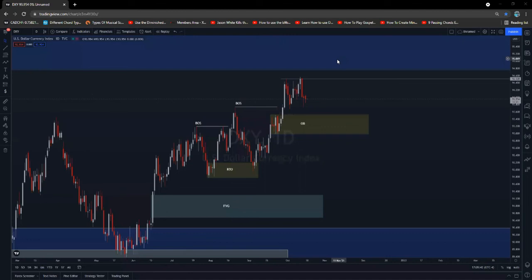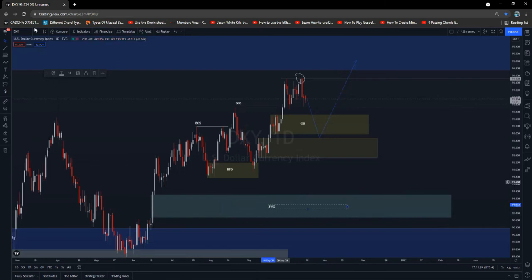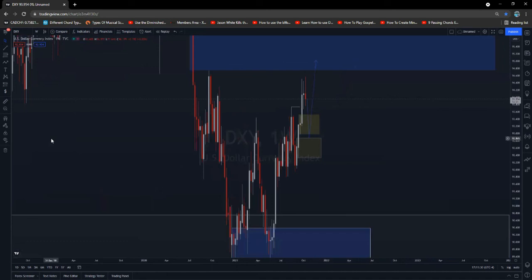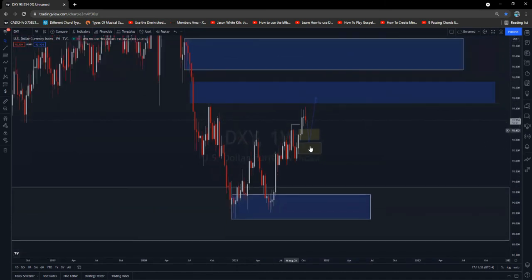Now we're going to end this week's segment by looking at the dollar index. Well, let's go to the higher time frame to just remind ourselves, because I seem to be forgetting. So yeah, the market has to break through a lot of areas to be in a position where it will go down eventually. I mean, we've gotten this break of structure over here, and the weekly has to find an order block, go up.